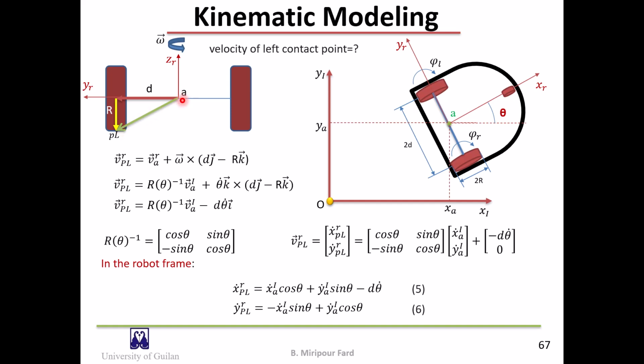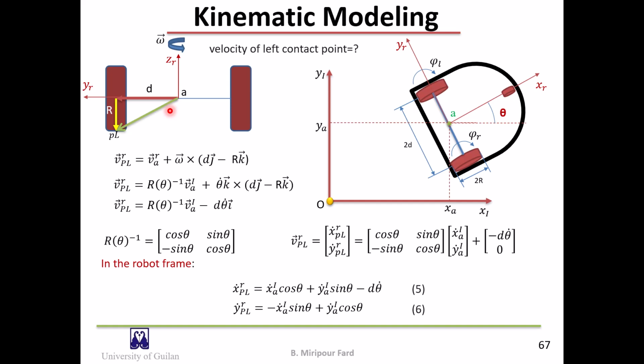The distance between these two points always remains constant, so we can use the relationship of velocity in a rigid body. VPL in the robot frame equals VA R plus omega cross dj minus rk. D and R are indicated in this figure.